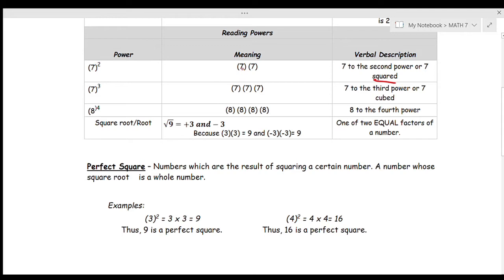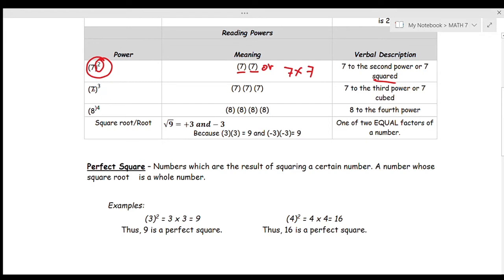So we have 7 times 7. So that is the meaning of this 7 raised to 2 or 7 squared, because we multiply 7 2 times by itself because of this exponent.